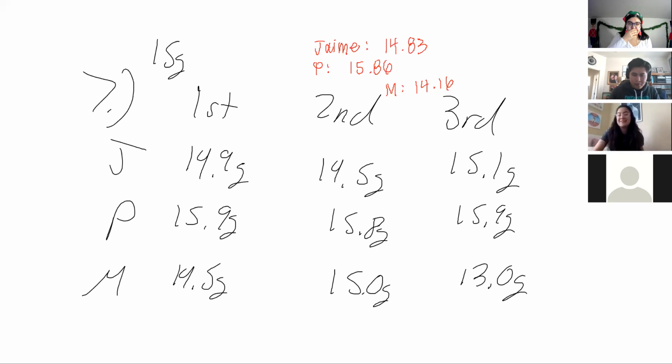Oh, final consensus. I know we're having some discourse on our end. There you go, Jeremiah's typing away. So if our goal is to get as close to 15 as possible, who got the closest to 15?